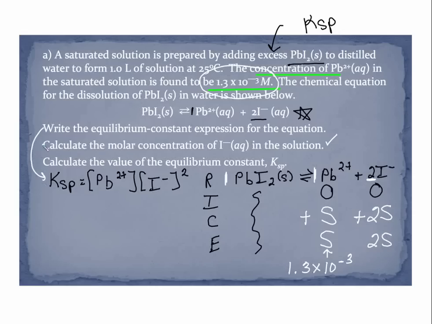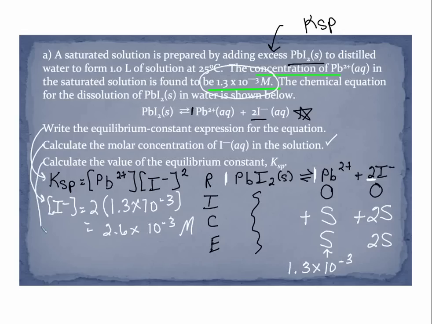So this is the answer to this one. My molarity of iodide ion is 2 times my solubility, or 2 times my lead ion. So I get 2.6 times 10 to the minus 3rd molar at equilibrium.